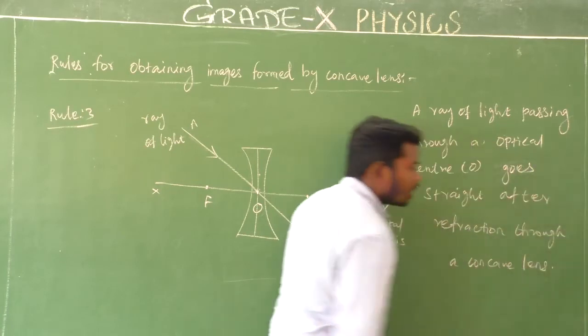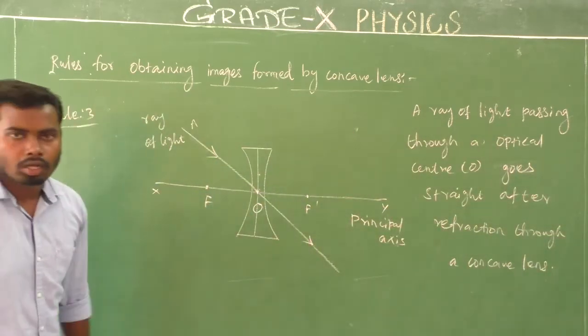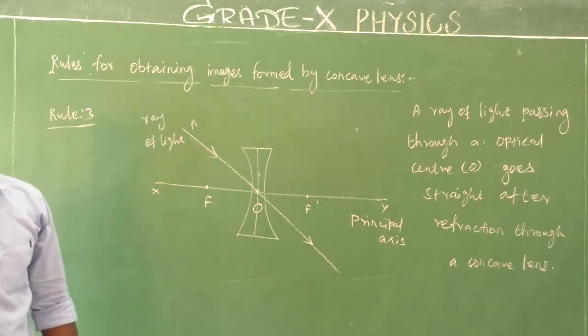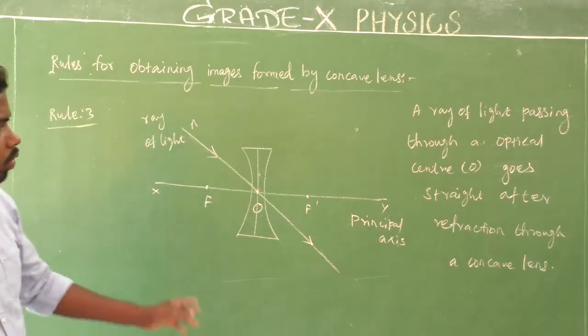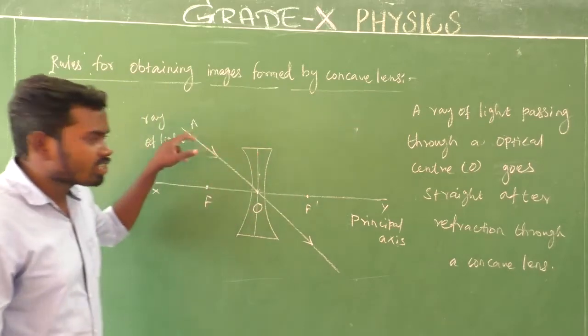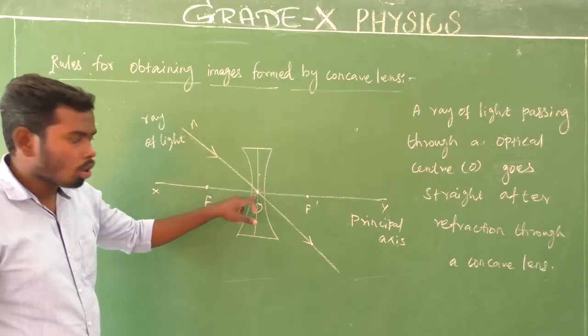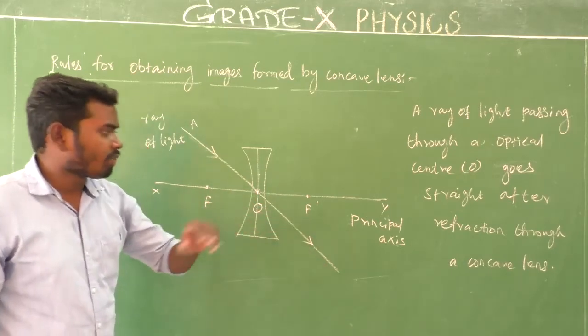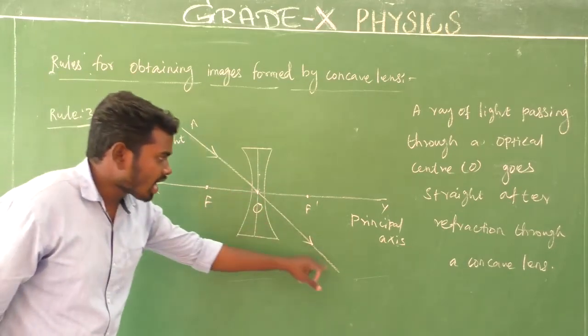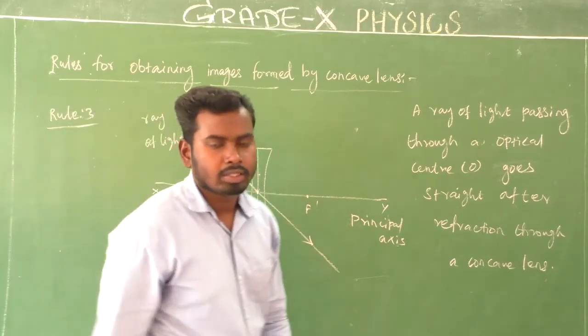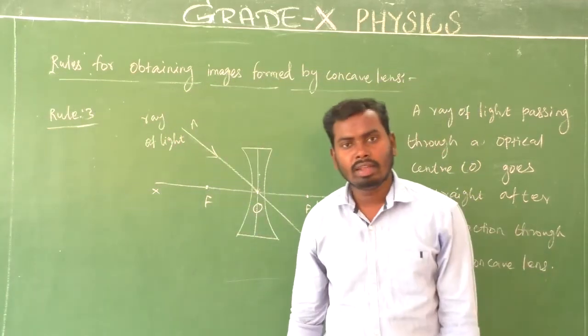So this is the third one, the third rule for obtaining images formed by concave lens. What is the third rule, sir? A ray of light passing through the optical center O goes straight after refraction through a concave lens. This is the third rule. Very simple, very easy one.